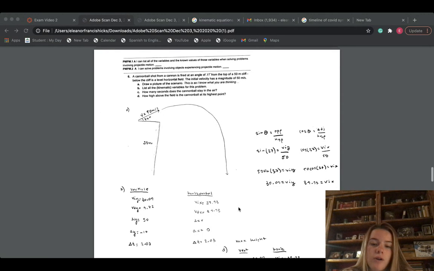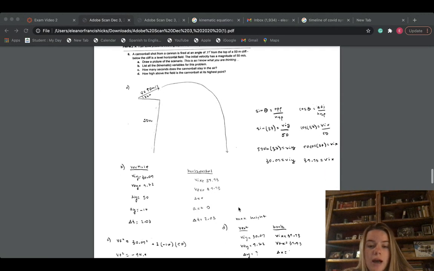So first of all, for part B, I wrote out my vertical and horizontal variables. So the initial velocity for y is 30.09, which I found by solving for the sine of 37, which is the opposite over the hypotenuse.